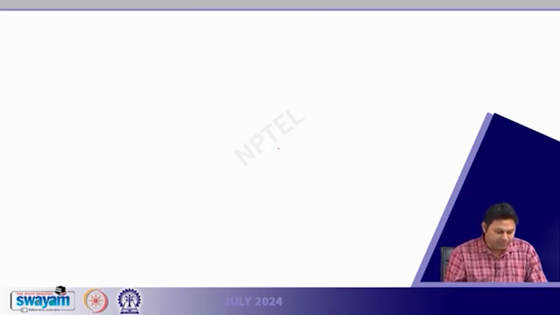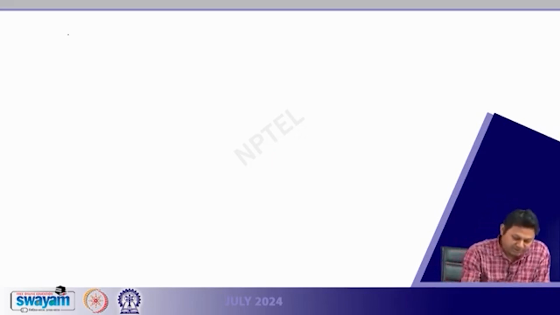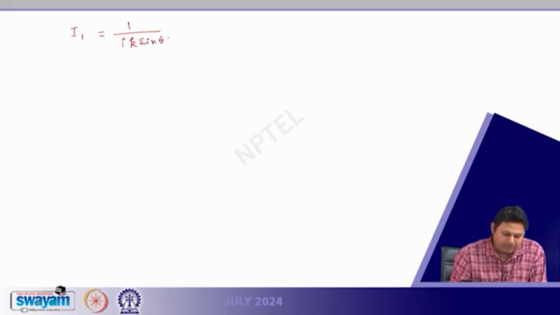So, if I put this alpha beta, then I1 and I2 will be simply this. I1 will be 1 divided by I k sin theta, and then in terms of alpha and beta, if I write, then it looks simple.